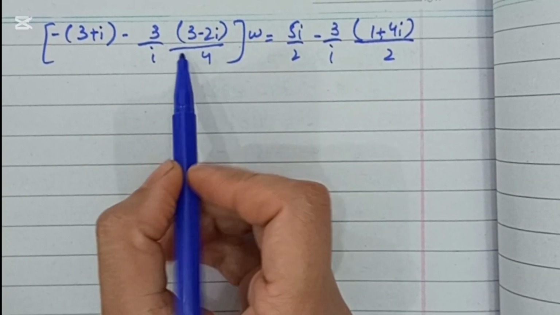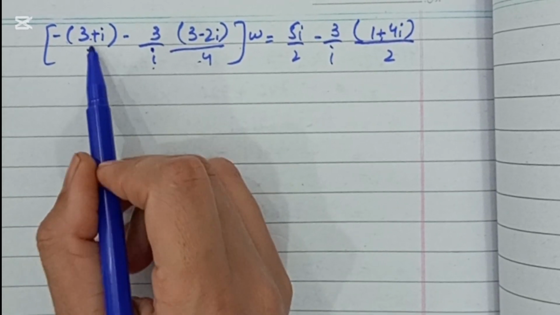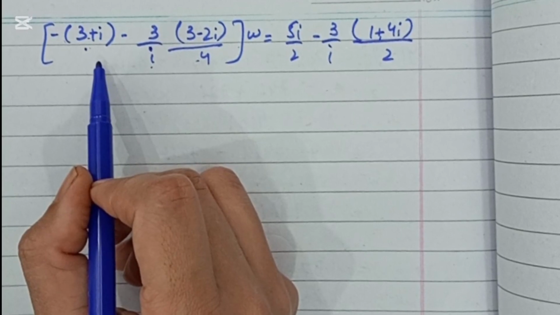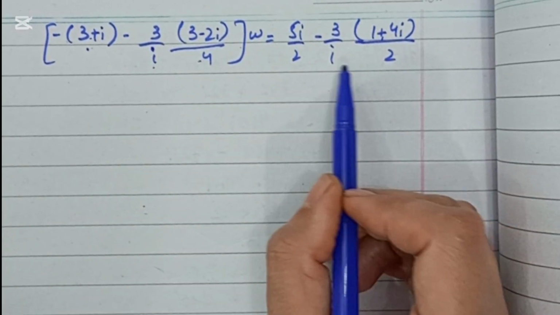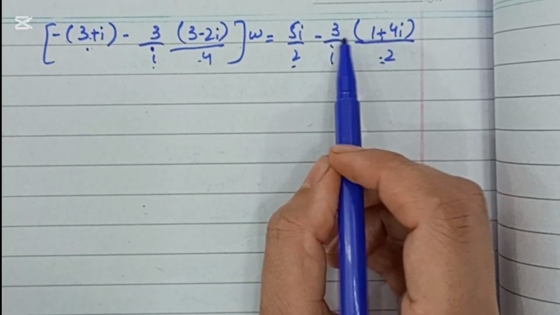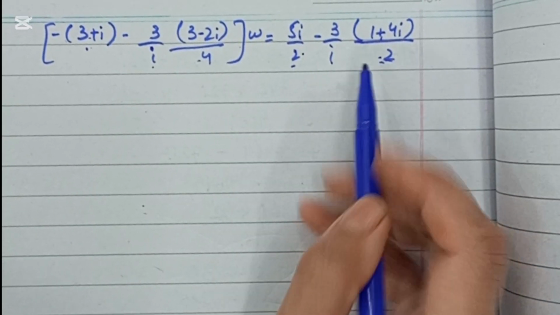Next, we have to multiply 4 iota with this to make the denominator the same. 4 iota would be multiplied in the numerator as well as in the denominator. And on this side we see here is 2 and here is 2 iota, so we will multiply iota with the numerator and the denominator to make the denominator the same.